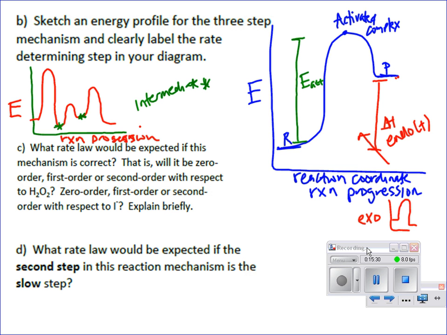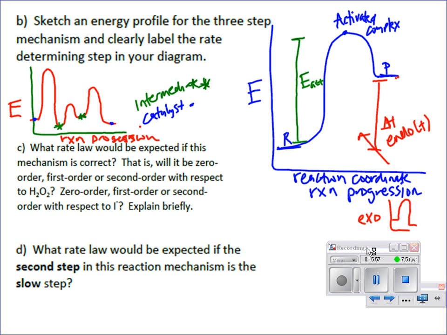Can anyone tell me where I might find energy of my catalysts? If you were to calculate it, yeah, but where would I just plot it on here? I'd have there and there. Okay?